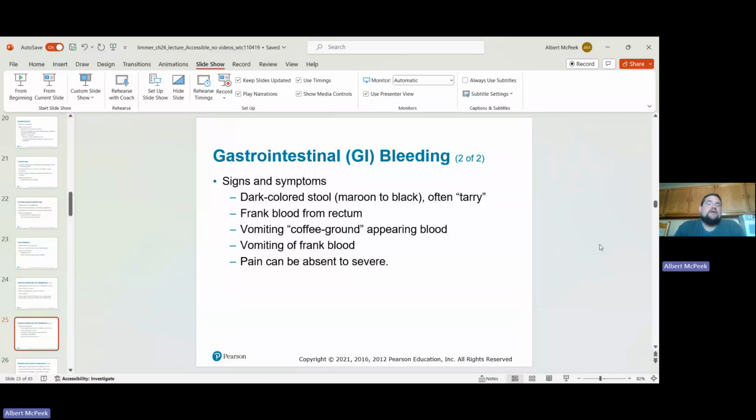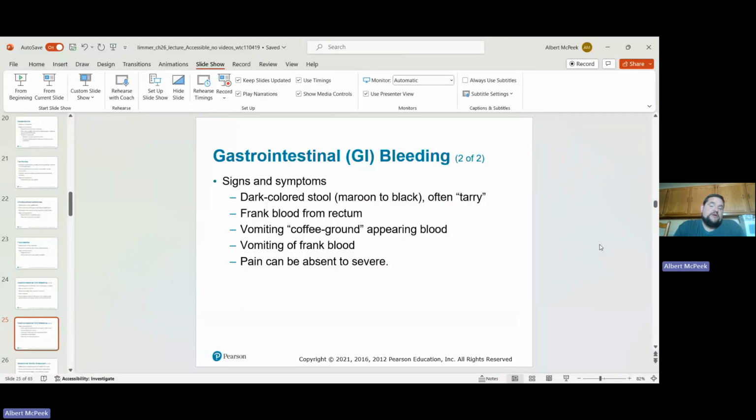Oftentimes, the feces will be really foul smelling. They'll smell really bad as well as look bad. Now, the closer you are to the exit, the more or the brighter the blood's going to be, the more blood-like it's going to be.